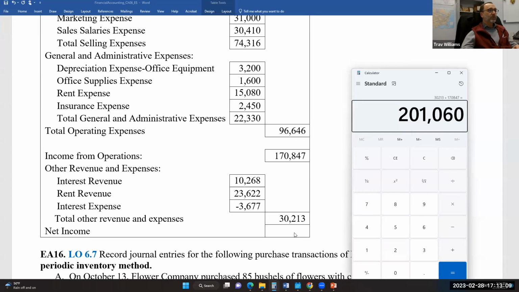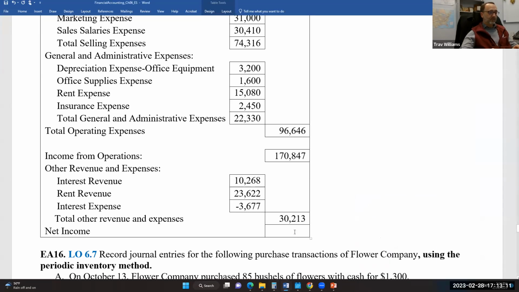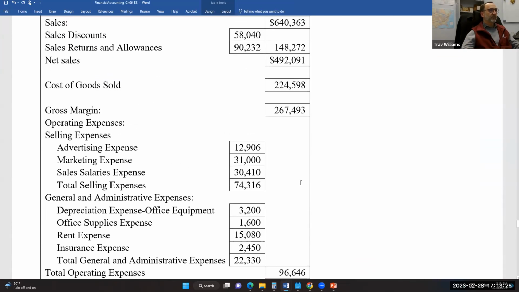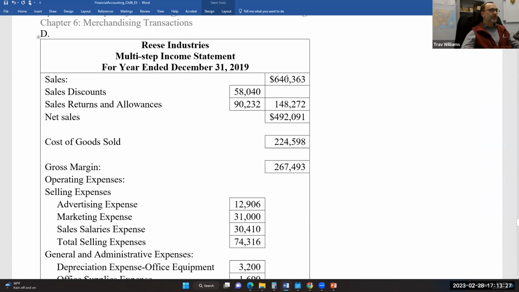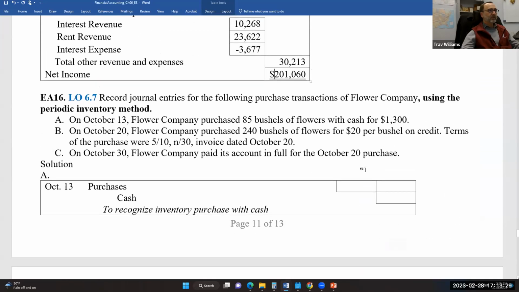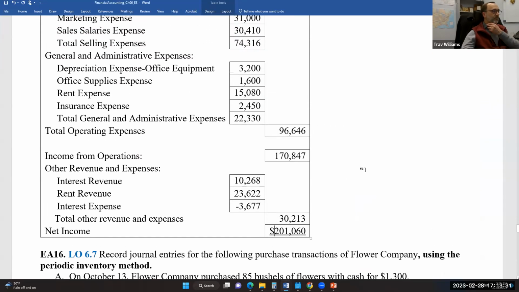And we get $201,060. Okay. All of these are dollar amounts, but sometimes in accounting, we don't put dollar signs in front of everything when we think it's fairly obvious. So they usually at least at the start and the beginning.